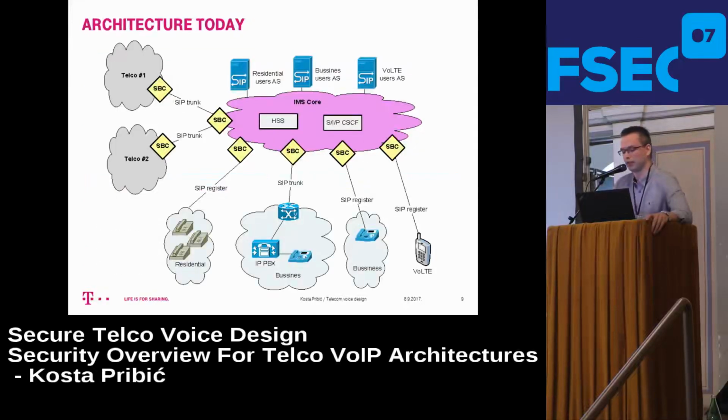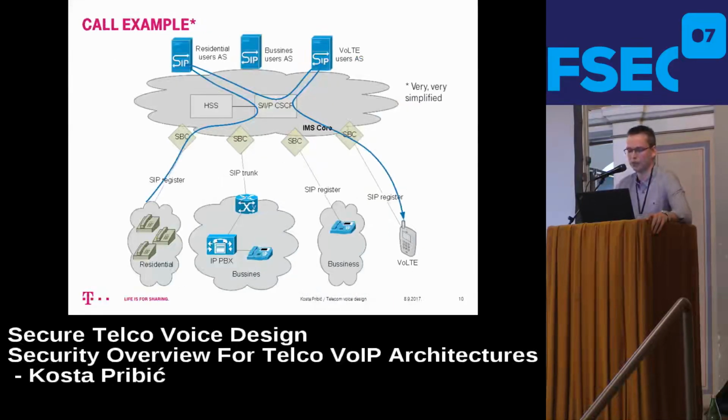Well, something like this. As you notice, SBCs are everywhere. And you try to contain types of users on different SBCs because it's manageable that way. Assuming that you are not a telco expert, to give you an idea, how does one call look? So it's something like this.